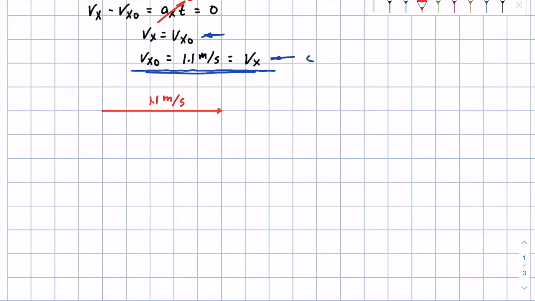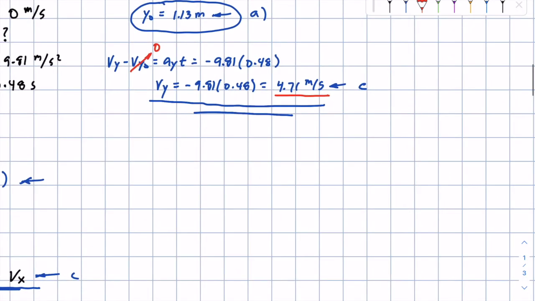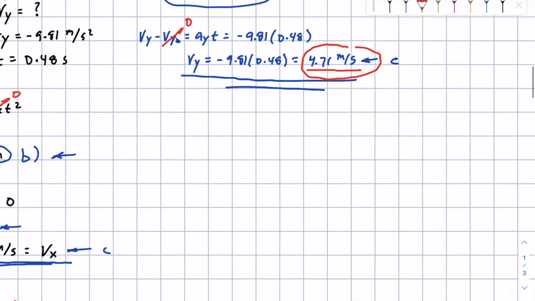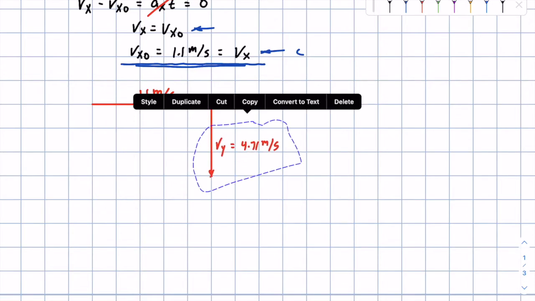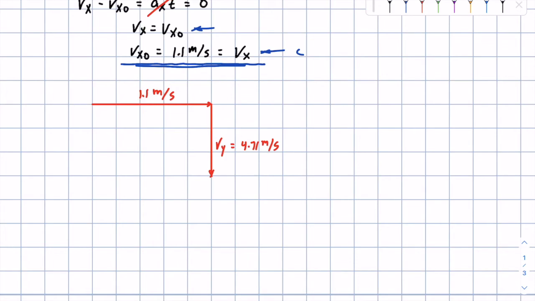And then we also know that the y component of the velocity, the velocity in the y, is equal to 4.71 meters per second, right? Because that's over here. There's that 4.71. So I'm representing these velocities as vectors, and then because they're vectors, I can take this vector and put its tail to the head of my x component vector, right?